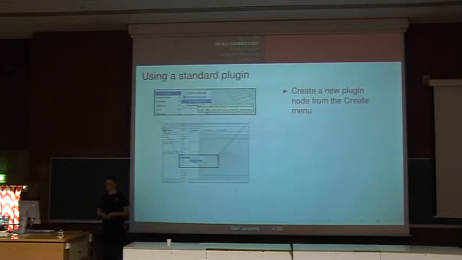So, how do we use a standard plugin? We start from the Create menu, which is basically a big menu containing all the plugins available. In this case, we will import an Alias Wavefront object, so we go to the mesh reader category and choose the Alias Wavefront loader plugin.